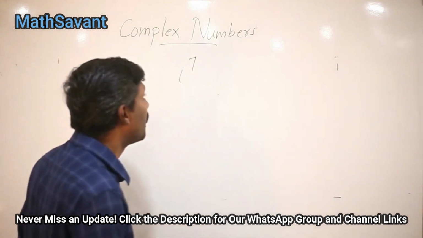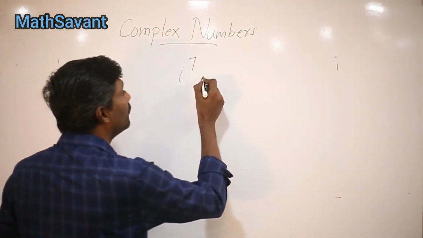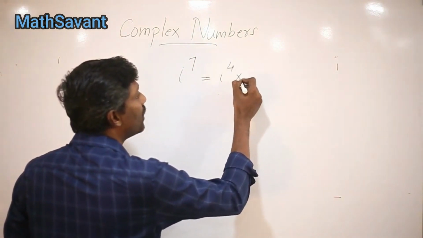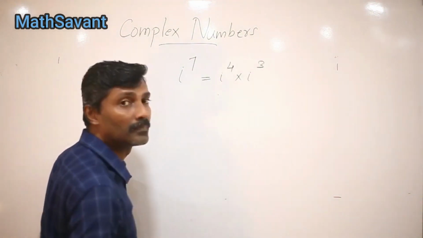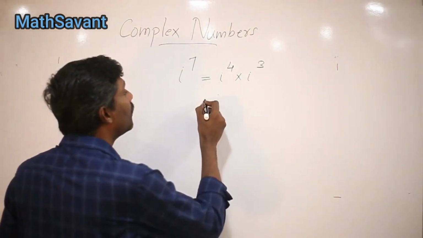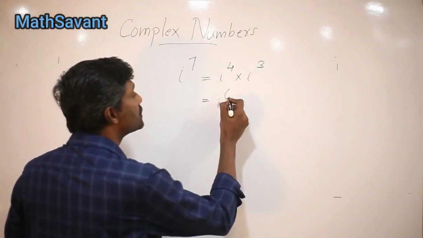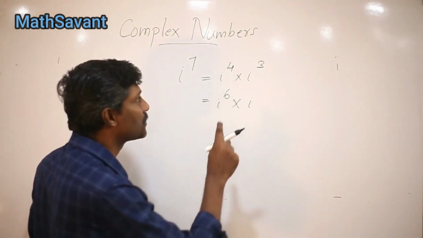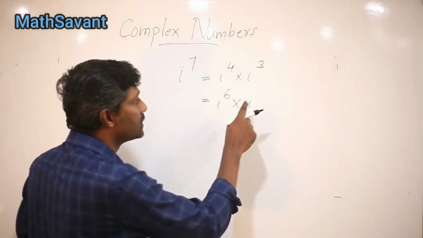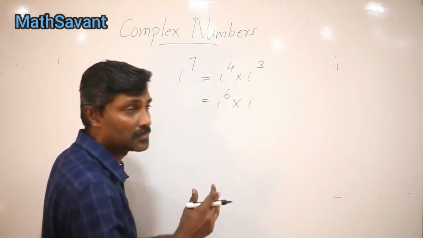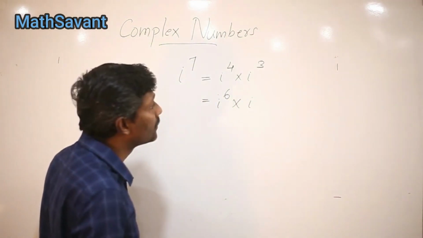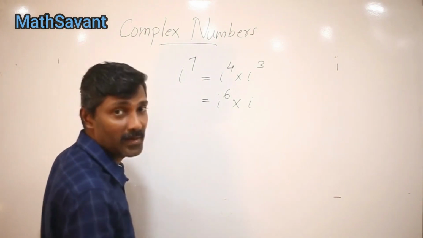Okay, I'll help you. i raised to 7, we can write it as either i raised to 4 into i raised to 3, or we can write it as i raised to 6 into i, because we just add the powers, okay? 4 plus 3 gives 7, 6 plus 1 gives 7. So these are all possible methods to find the value of i raised to 7.